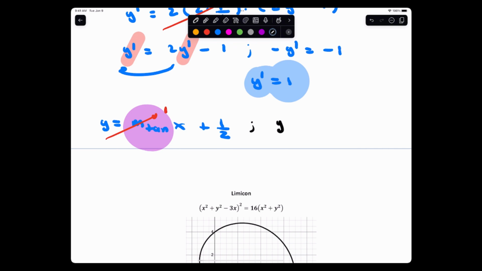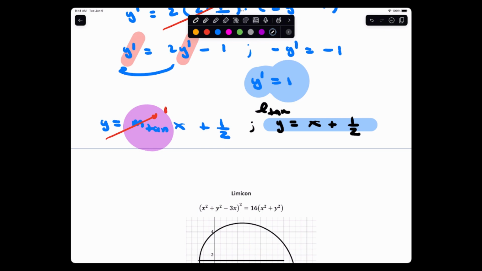We get y equals x plus what? 1/2. And what do we call this line again? Tangent line. Okay, that was the cardioid.